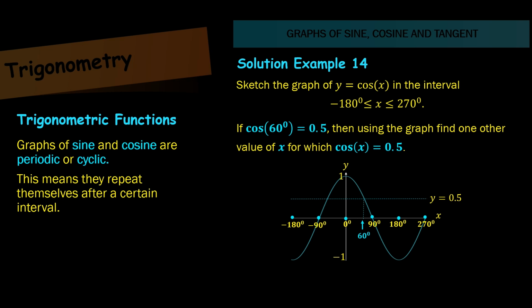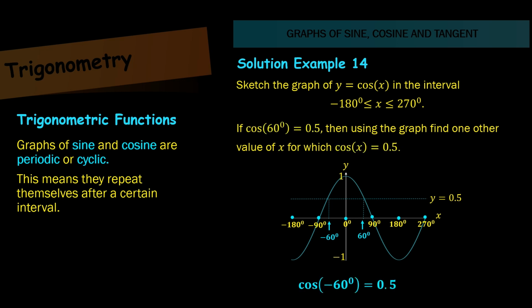As you can see, it cuts the graph of cos x twice in this diagram. Once at 60 degrees and once at minus 60 degrees. So cos of minus 60 degrees is equal to 0.5.